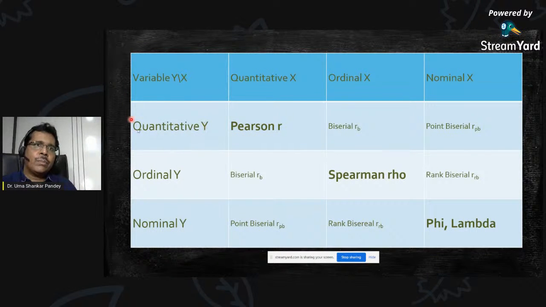If both my variables are scale variables, either interval or ratio, then the correlation which we have to measure is Pearson's r. If both are ordinal, that means they are ranks, then I get the correlation as Spearman's rho. If both are nominal or categorical, then I get phi or lambda. The other ones are biserial and point biserial. We must remember their names at least.